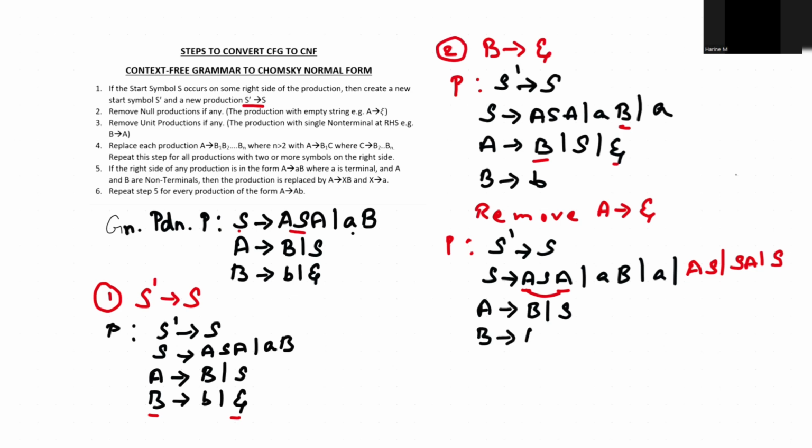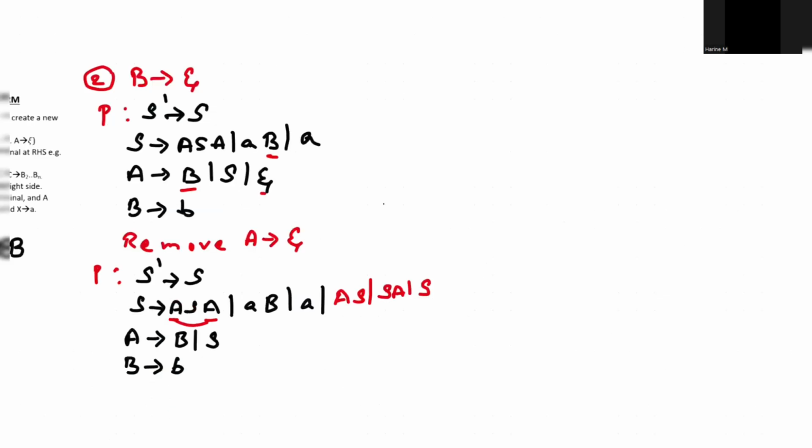Next, we move on to step 3. Step 3 is remove the unit productions. What are unit productions? Productions which have only a single non-terminal on the right-hand side.